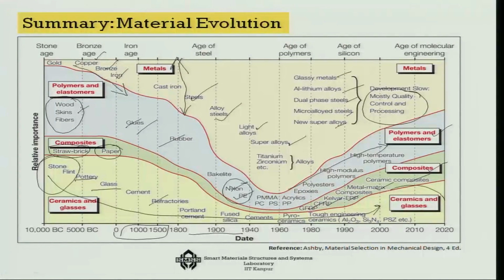The use of ceramics and glasses is expanding continuously, the advanced ceramics. So, ceramics are taking the place of metals back again. That is very interesting. In fact, in this course we will see the power of ceramics in today's context.